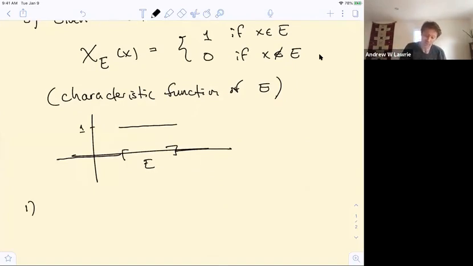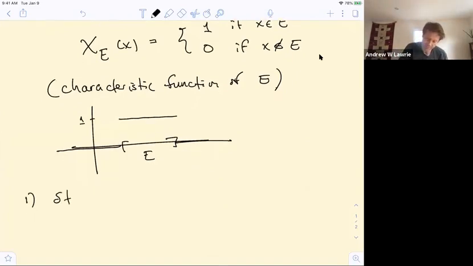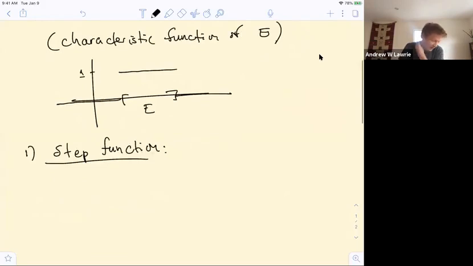Next example is called a step function. And this is what we used to build the Riemann integral.